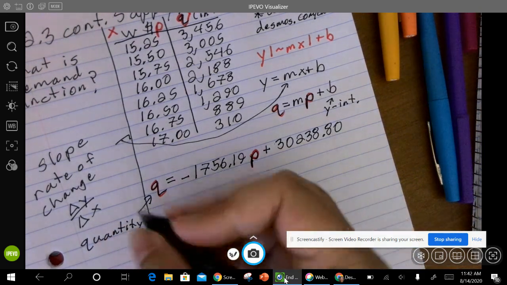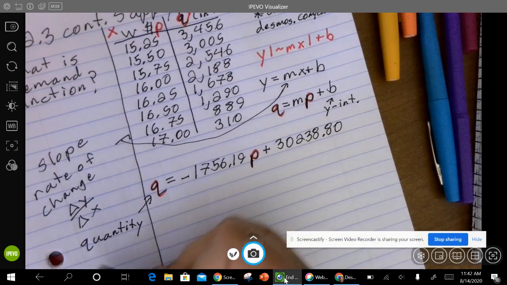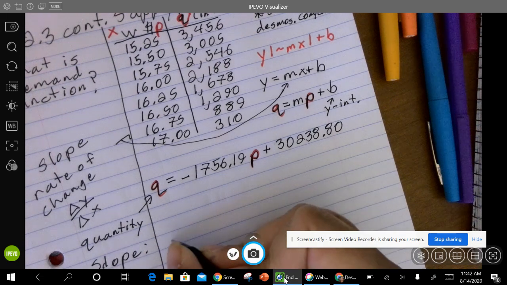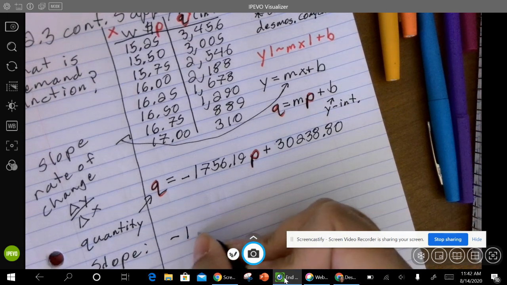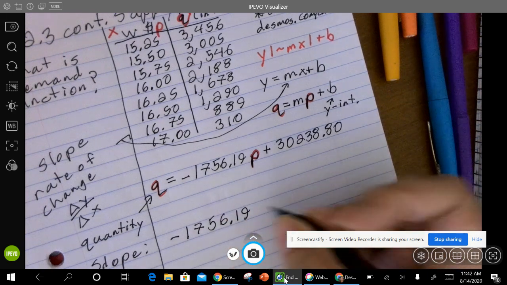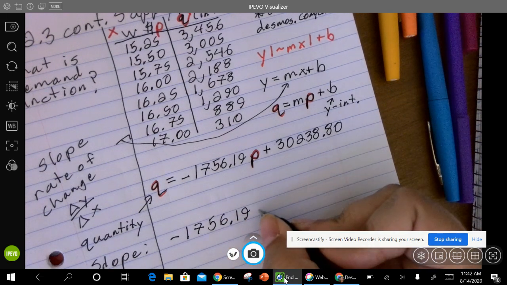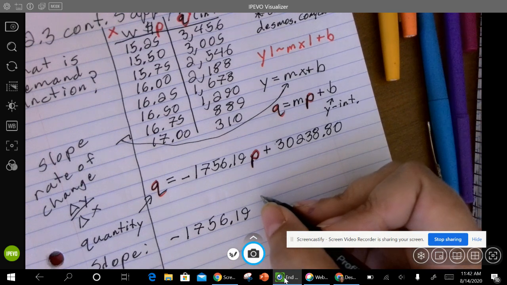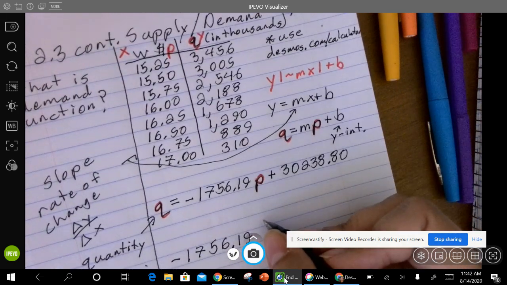So our slope is negative 1,756.19. Okay, and it's a change. So it's the quantity in thousands.